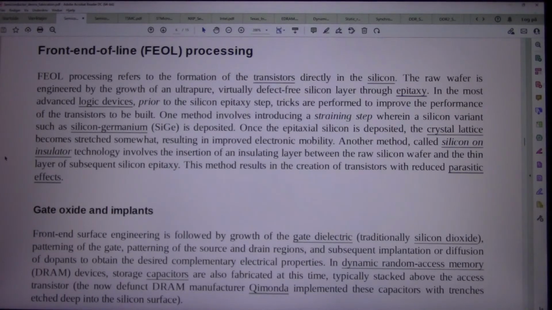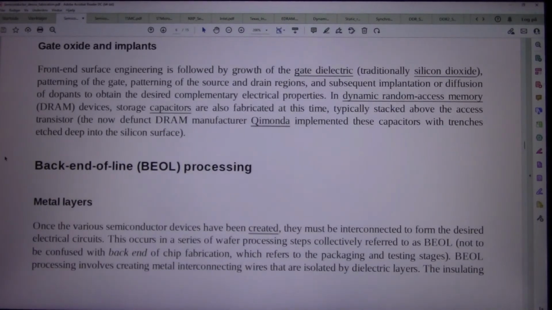Gate oxide and implants. Front-end surface engineering is followed by growth of the gate dielectric, traditionally silicon dioxide, patterning of the gate, patterning of the source and drain regions, and subsequent implantation or diffusion of dopants to obtain the desired complementary electrical properties.